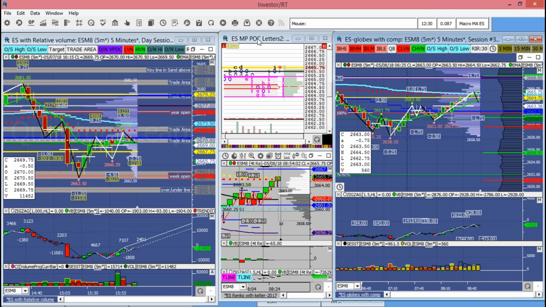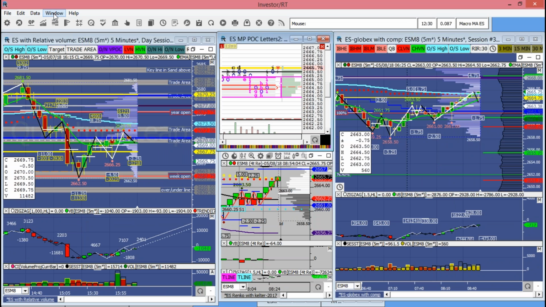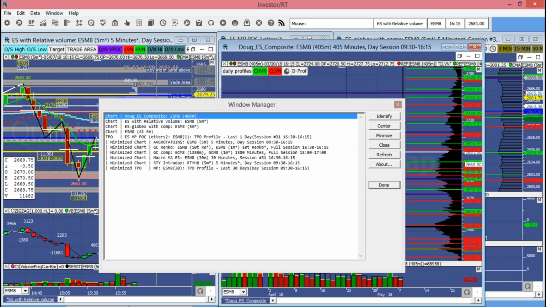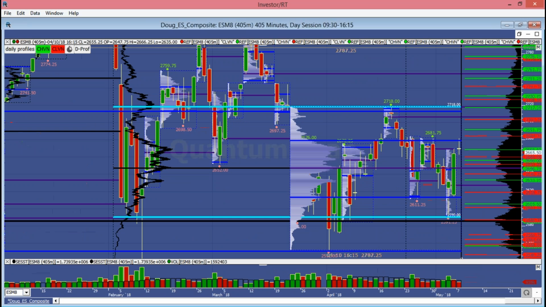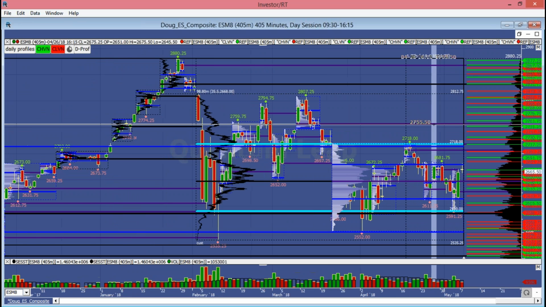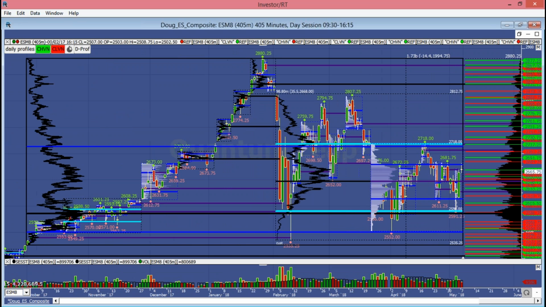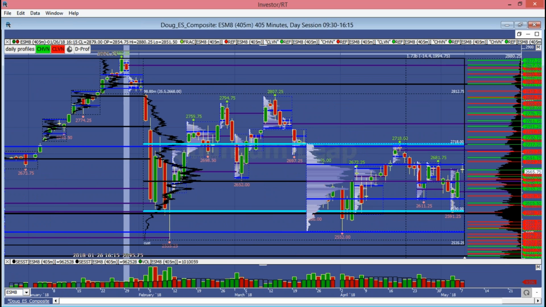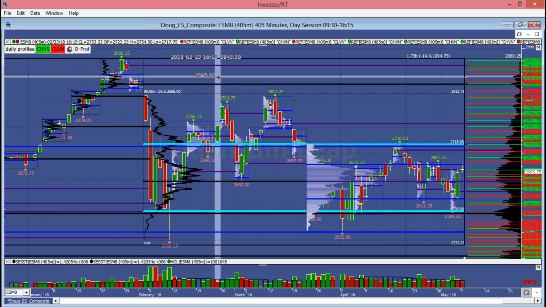So let's look at the structure of the market. And again, I'm just going to give you a little bit of a narrative so that we understand we had this long trend up into new all-time highs. There is an unequalized all-time high. What does that mean?